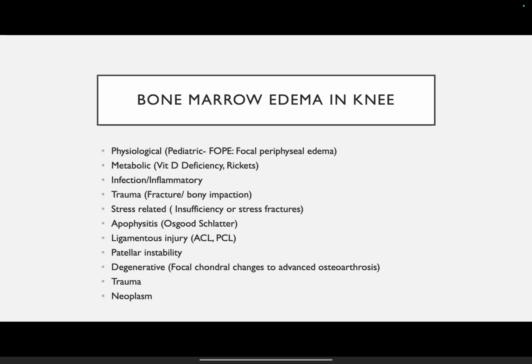This is a list we commonly see in practice: physiological, metabolic, infection, or inflammatory disorders, trauma, which would be fracture, bone impaction, stress-related injuries, epiphysitis, ligamentous injuries, patellar instability, degenerative conditions, and neoplasm. A whole spectrum presents as bone marrow edema, and let's learn how we can approach it according to the area of involvement.